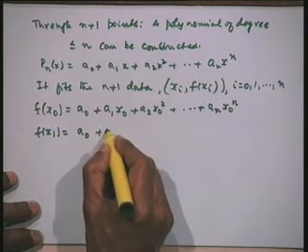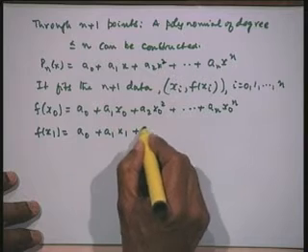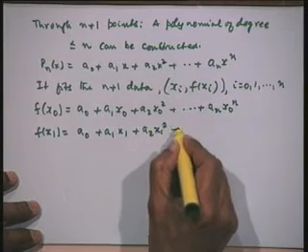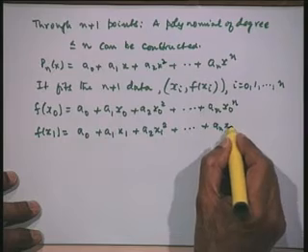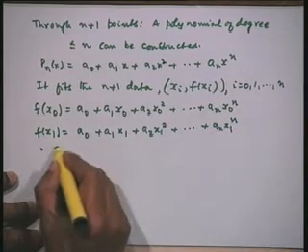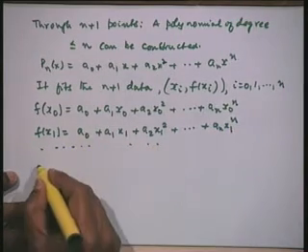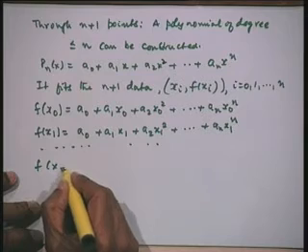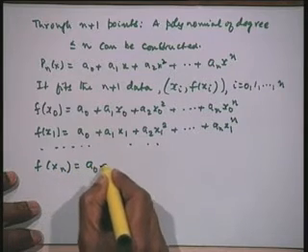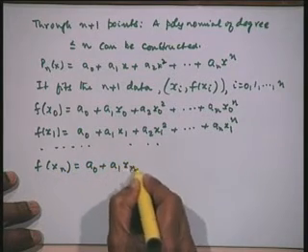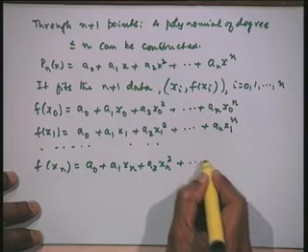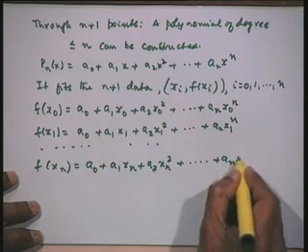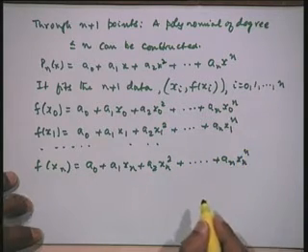Therefore, we will have a_0 + a_1 x_1 + a_2 x_1^2 + ... + a_n x_1^n, and so on. We will have f(x_n) = a_0 + a_1 x_n + a_2 x_n^2 + ... + a_n x_n^n.